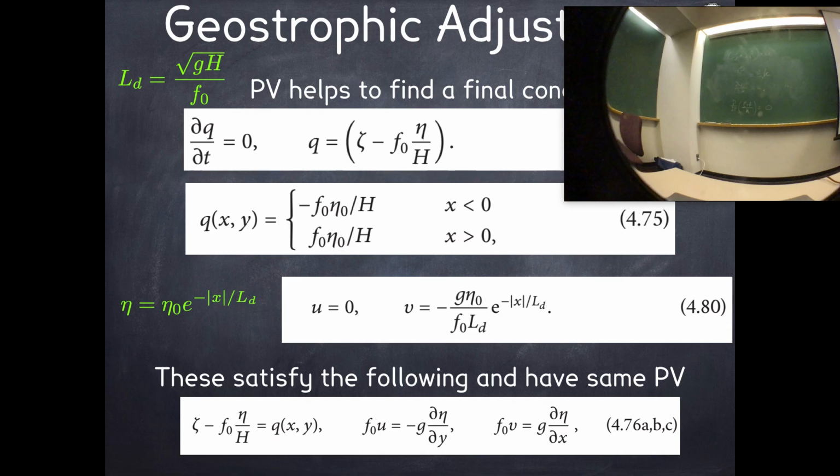So there's a profile that looks like this, away from the initial interface in the velocity.